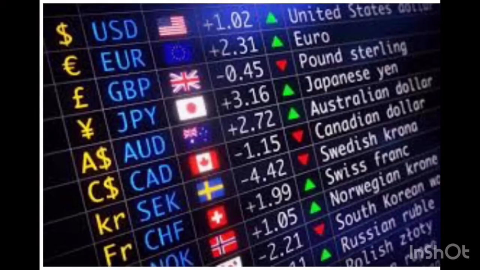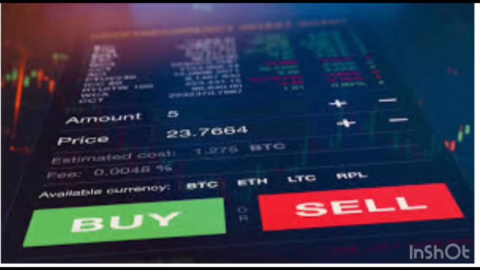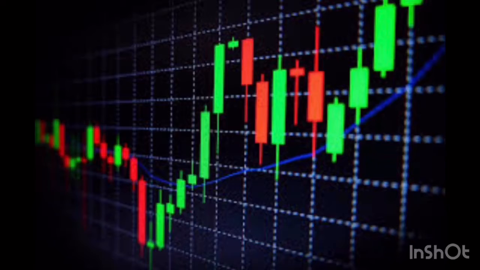So at this point, we can see that $1 is equal to 110.90 yen, and if you have 110.90 yen, then you essentially have $1, and vice versa.